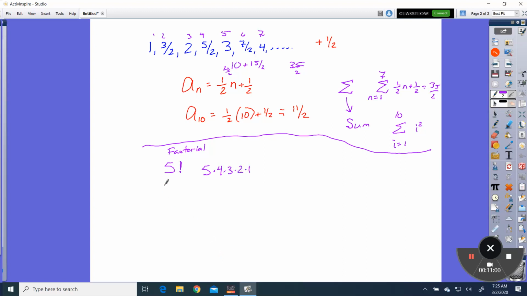So the exclamation just means you take the number that you start with and multiply it on down. So that would be 5 times 4 is 20, times 3 is 60, times 2 is 120. 0 factorial is defined as 1. I don't know how that works, but that's how it works.